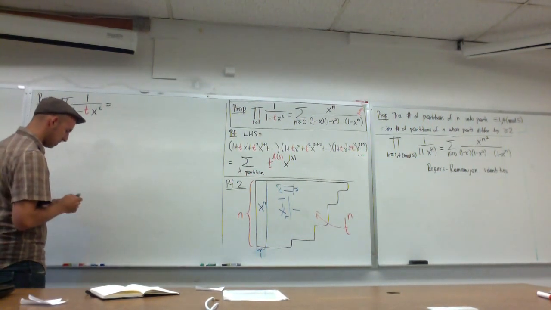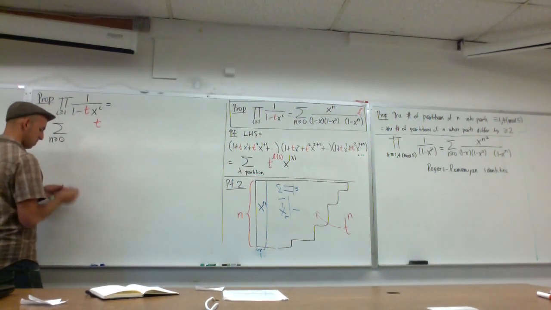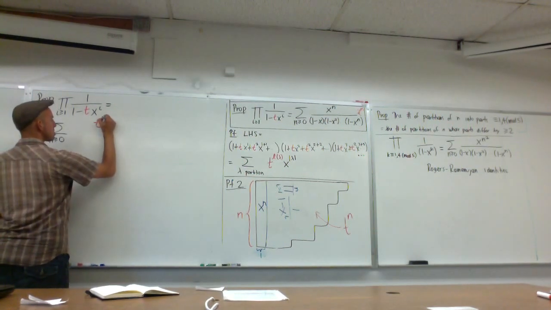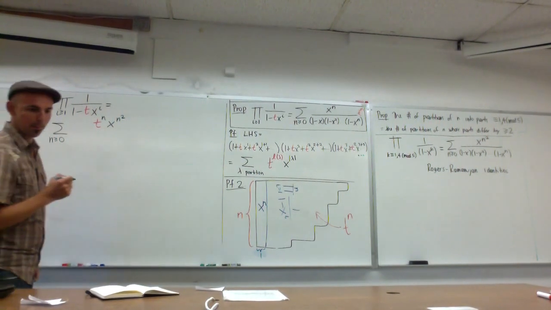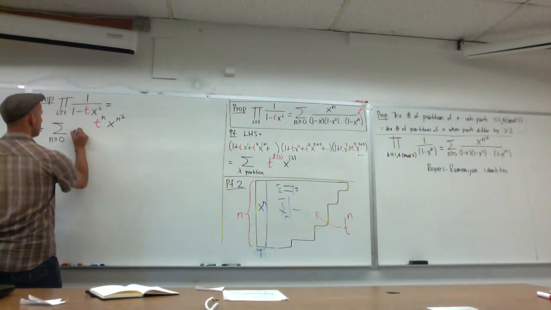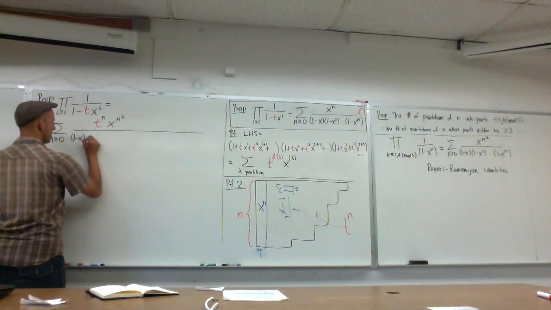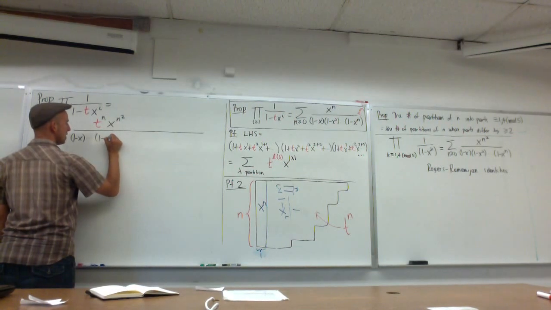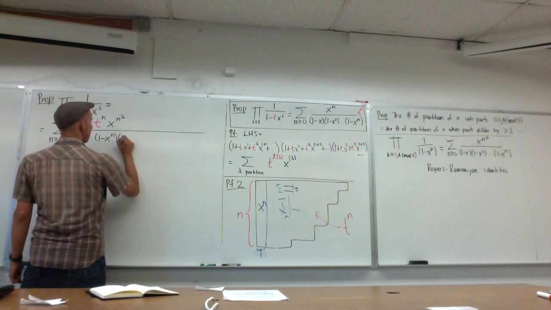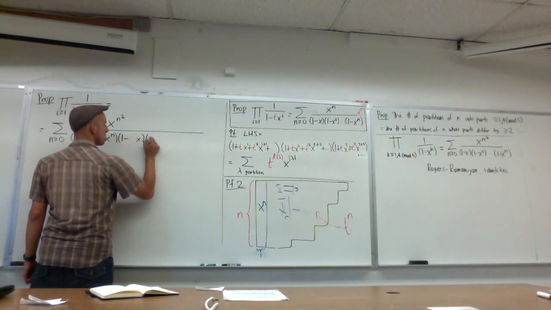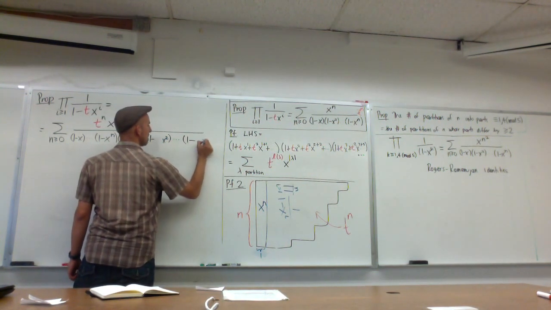It's going to have on top a t to the n and an x to the n squared. And in the denominator, it's going to be 1 minus x squared, up to 1 minus x to the n, and 1 minus tx squared, up to 1 minus t x to the n.